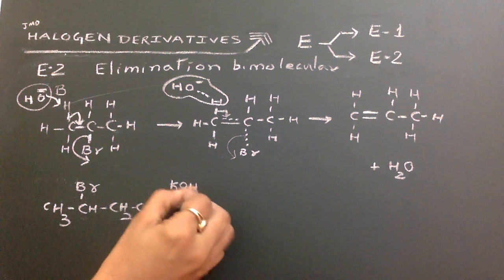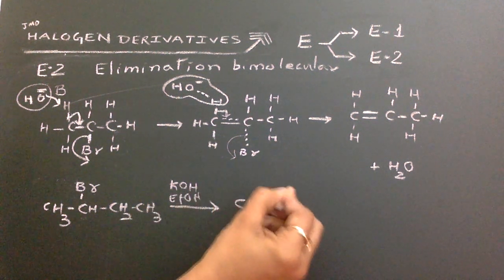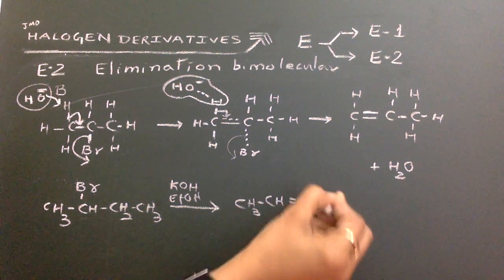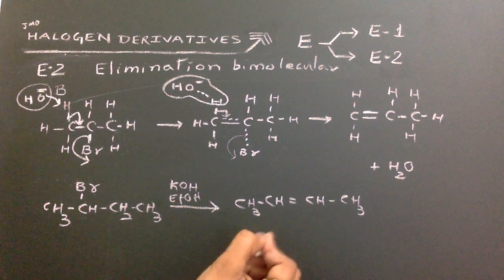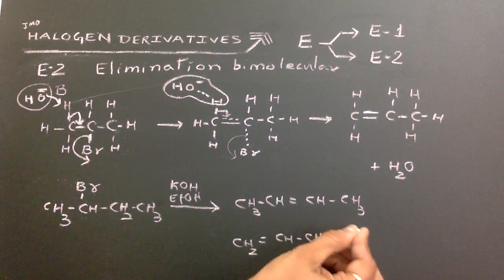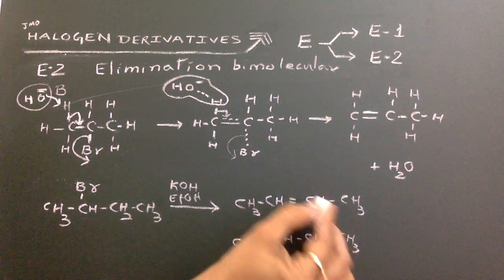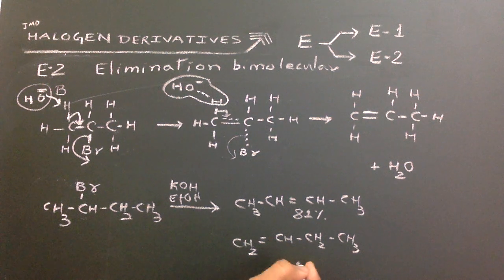I hope you remember. One of the products is but-2-ene, and the other product is but-1-ene, where this is 81% and this is 19%.